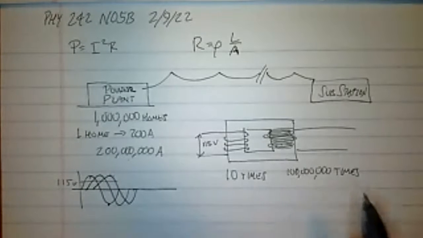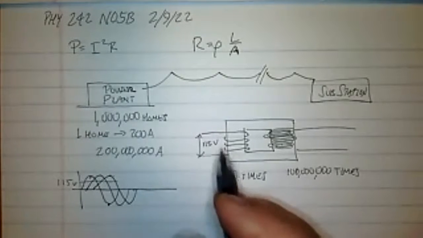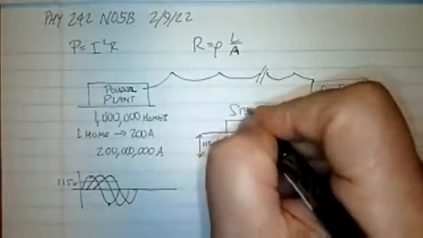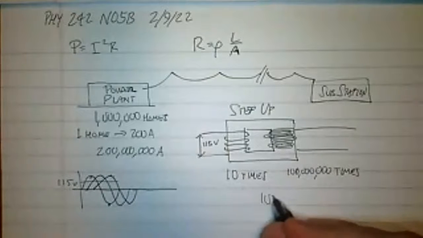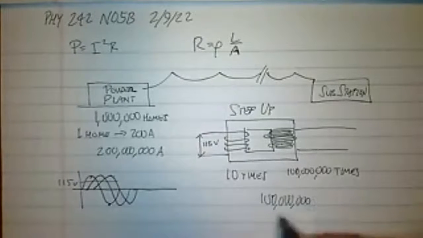And that's what will do like your dryer or your stovetop if you have an electric stove. So that's how they get that. But really all they have to send out is 115 volts. But this is called a step-up transformer, in that it steps up by 100 million divided by 10. Okay.